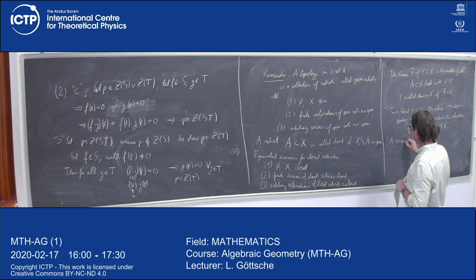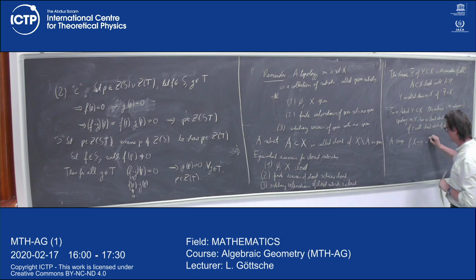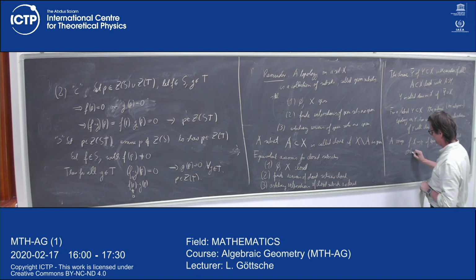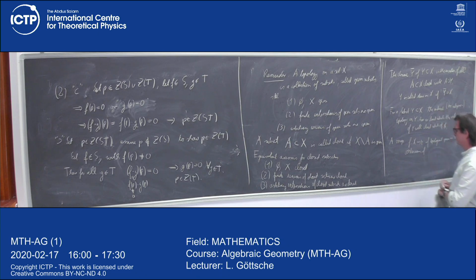Also, a map f from X to Y of topological spaces is called continuous if the inverse image of every open subset is open, or equivalently the inverse image of every closed subset is closed.